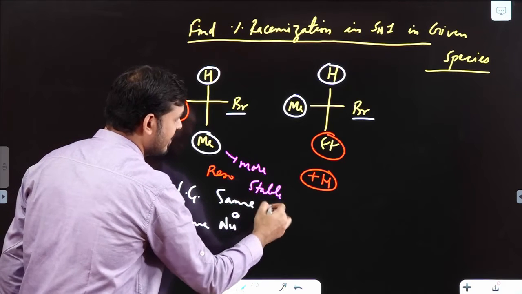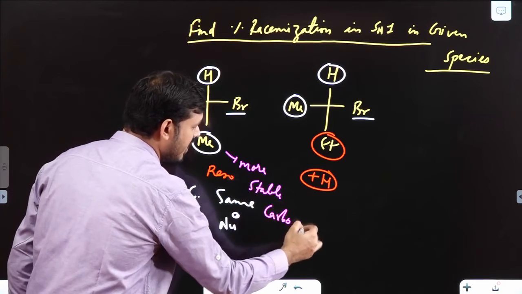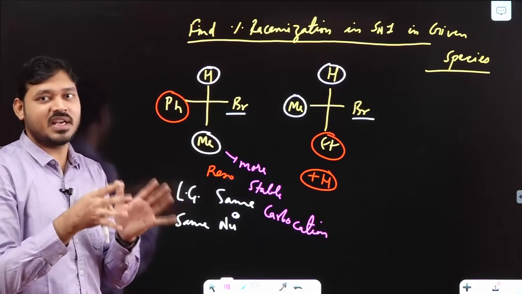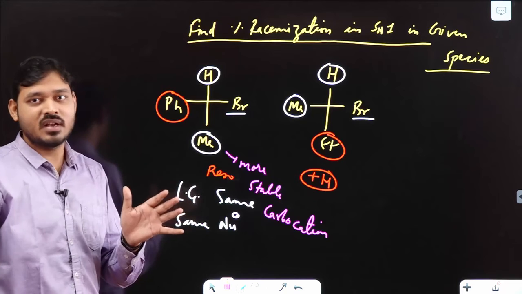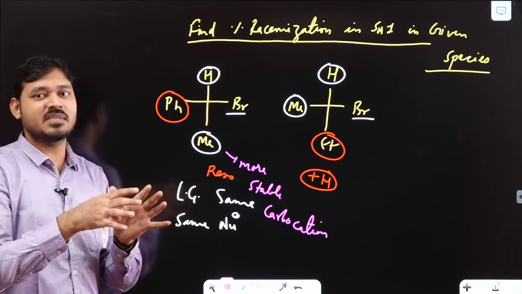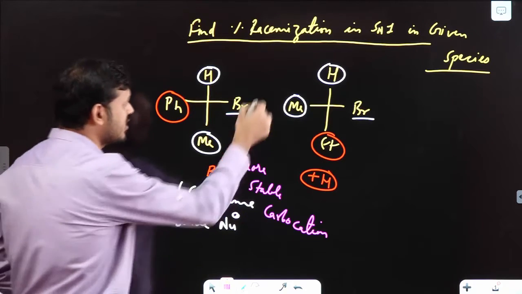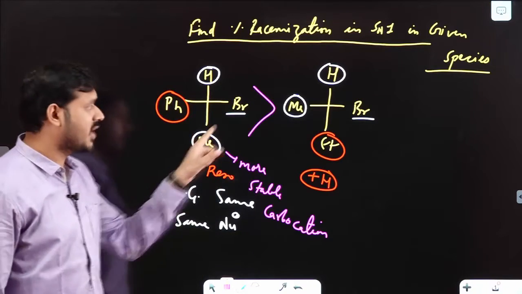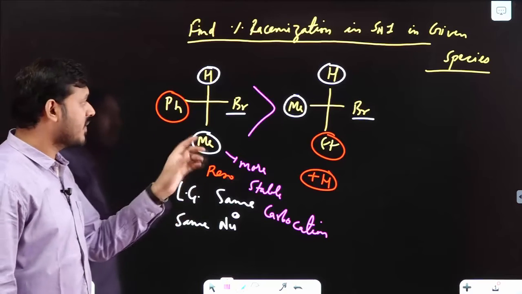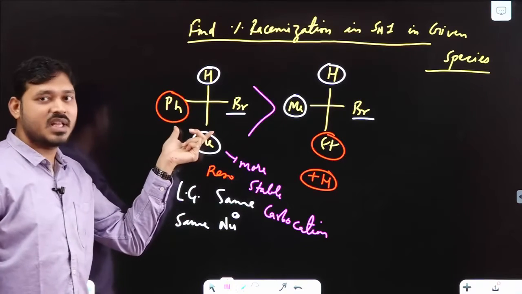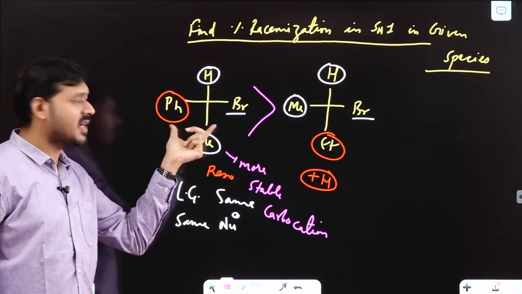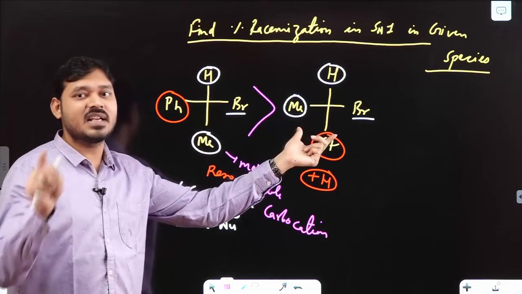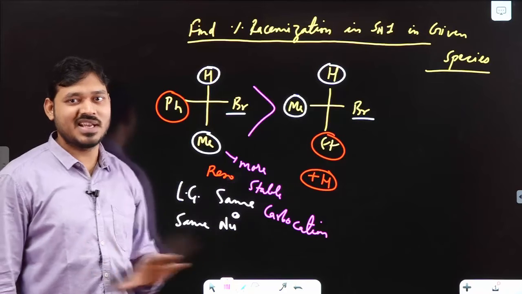More stable carbocation, and remember, the more the stable carbocation generated, it will go more faster and hence the percentage racemization will increase. So the order of percent racemization in this one will be higher as compared to this one. Suppose I am telling that in this reaction there is approximately 98% racemic mixture, then it will be having less than 98% racemic mixture. Clear to you? Okay.